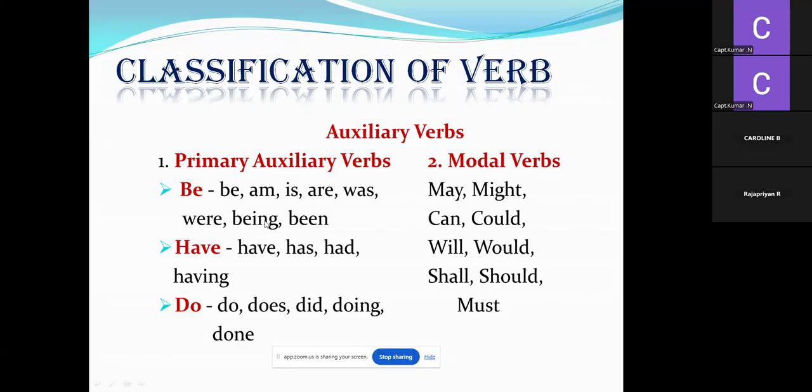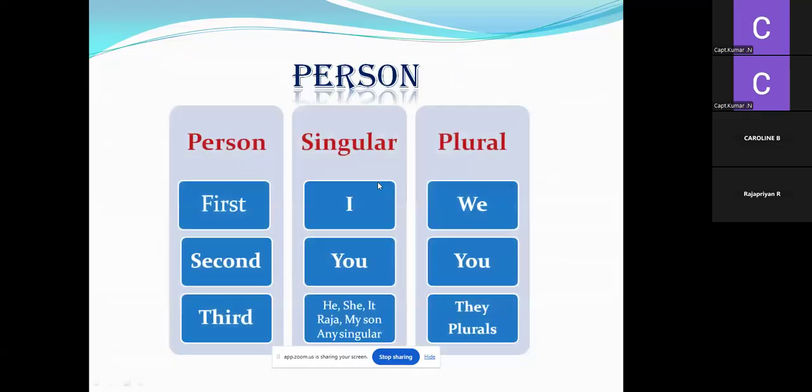Being is used in present continuous or past continuous, passive voice, and been in perfect tense. Have has 4 forms: have, has, had, and having. Do has 5 forms: do, does, did, doing, and done. These are the modal verbs: may, might, can, could, will, would, shall, should, and must. So let us see how they are used in tenses.